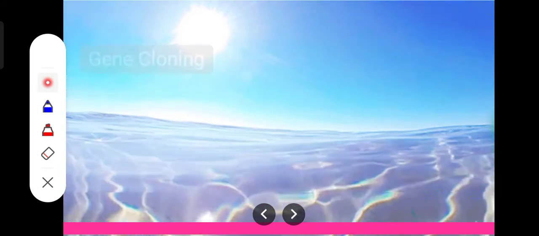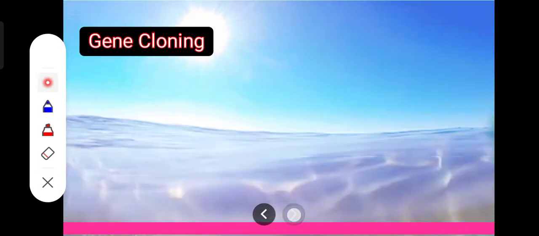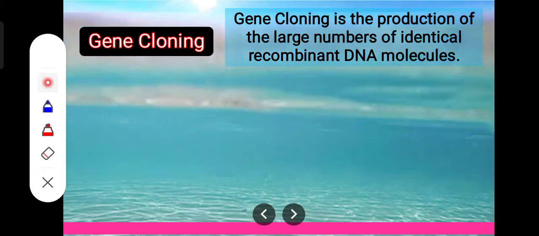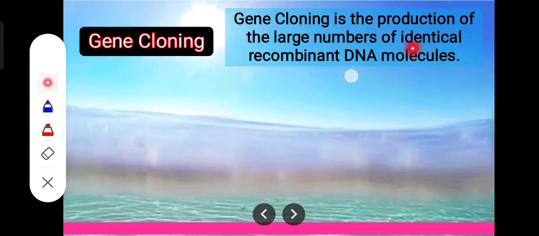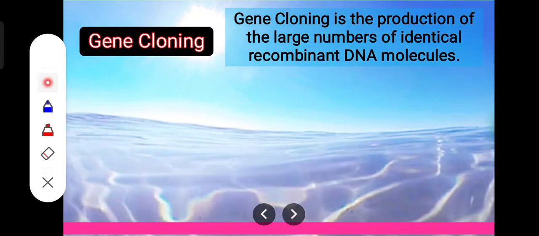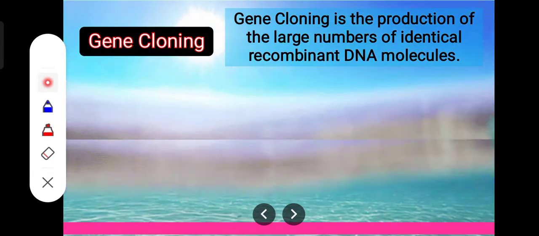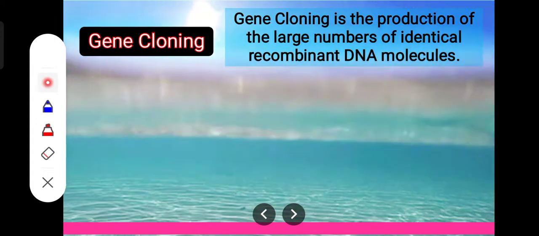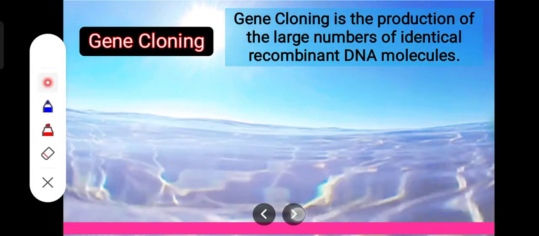We also have gene cloning. Gene cloning is the production of large numbers of identical recombinant DNA molecules. It is used to create large amounts of recombinant DNA to be used in genetically engineered organisms.